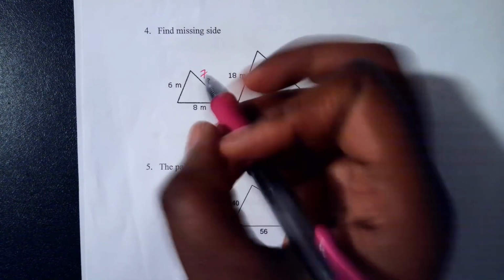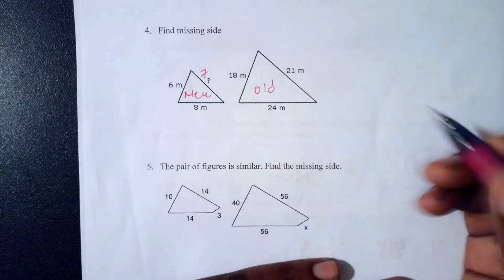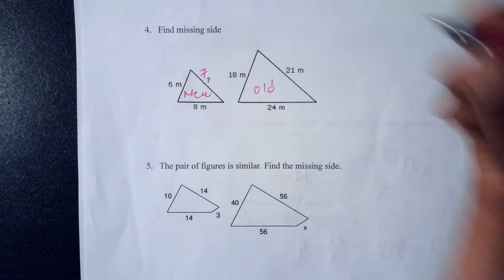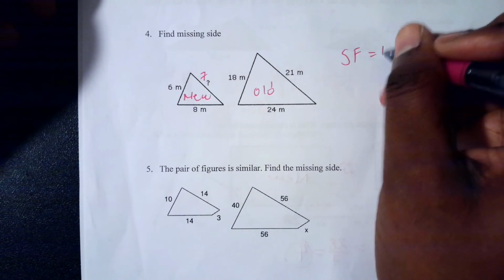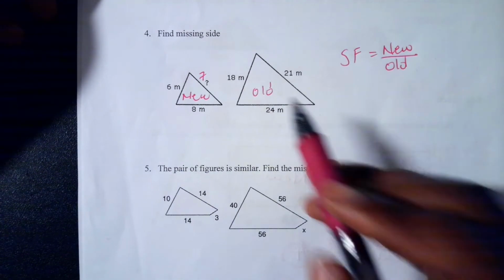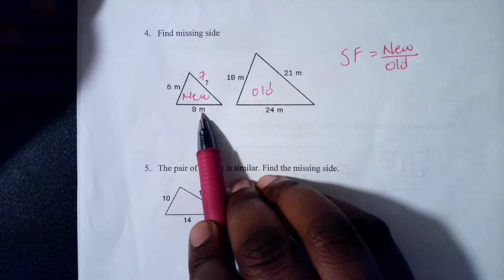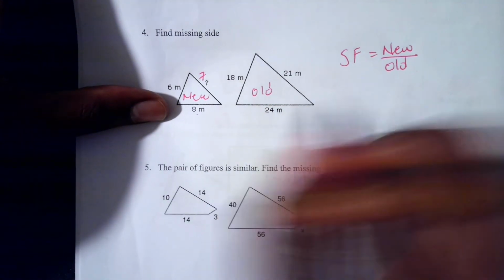This one we would consider to be the new, and this one the old, because that's the side missing. Another way we could do it, we could find the scale factor, new over old. Say we're using these two sides.